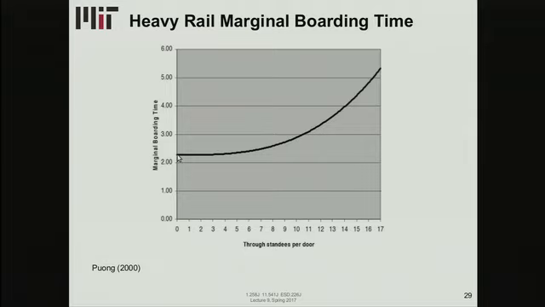When the number is 0, then this is how much boarding time you have per passenger, more or less. And then as more and more people are standing, that slows people down as they board, right? So this was a way of capturing that effect, again, the friction factor.